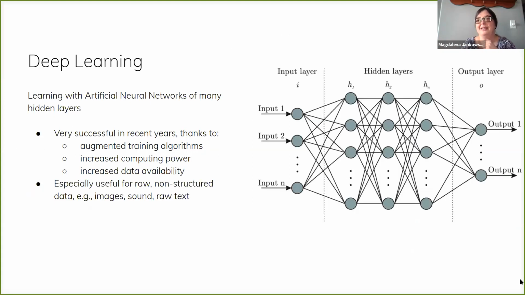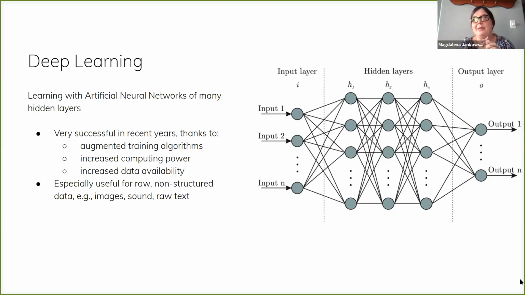While artificial neural networks are not new, they recently have had a big renewal in interest, and those new networks are ones that are deep, which means they have a lot of hidden layers. They have the whole structure in between the input layer and output layer.